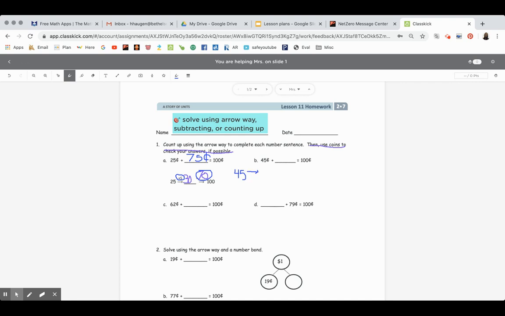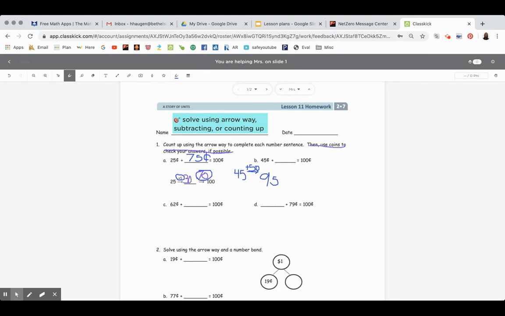I can do in my head 45, 55, 65, 75, 85, 95. And what I did there is on my fingers, I was counting how many tens I was using, and I used 5 tens there, which means I added 50 to get to my 95.